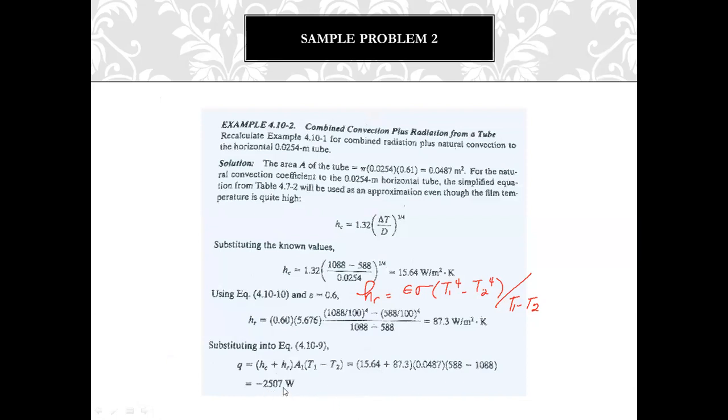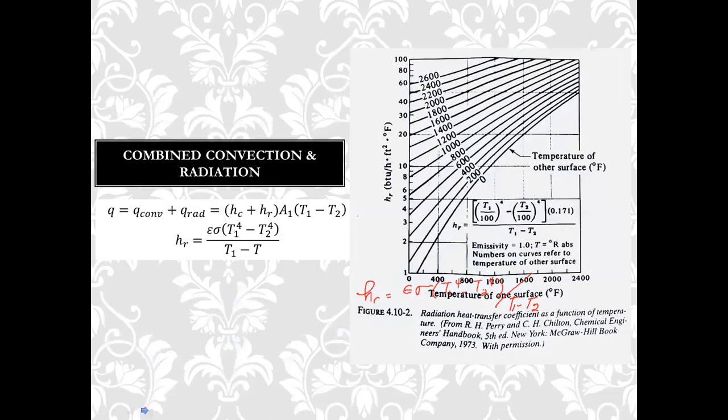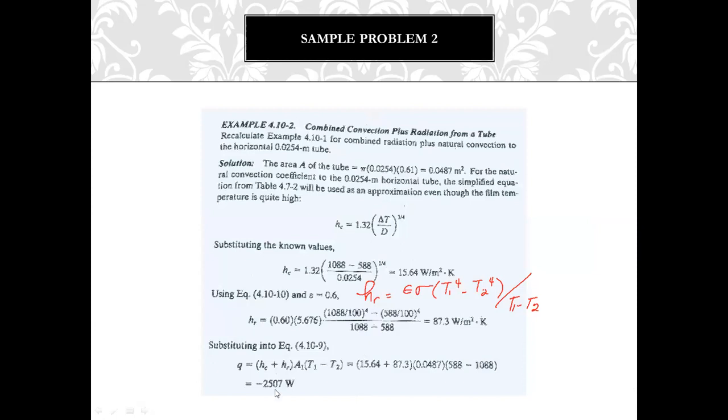There was an addition of more than 300 to reach this one. But the thing is, its value is actually negligible if compared only to radiative heat transfer, which is 2,130. Again, as I've said, the value of 300 plus is not that comparable to the radiative heat transfer alone, which is 2,130.